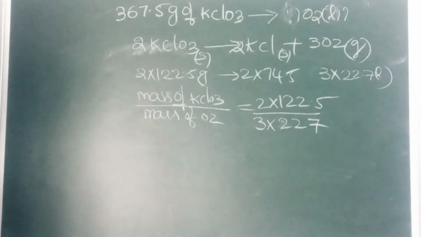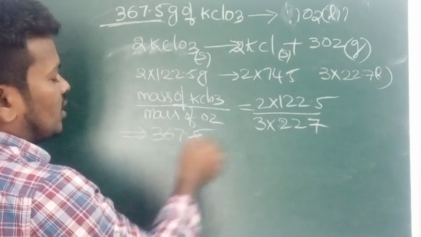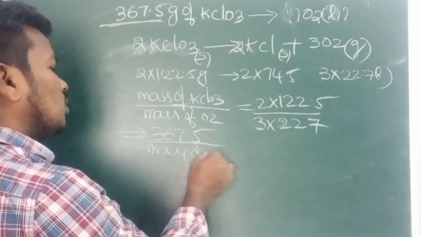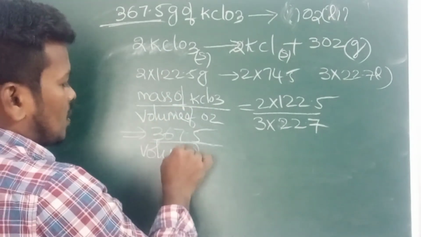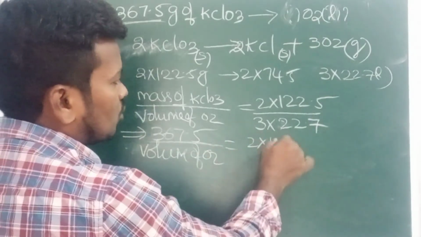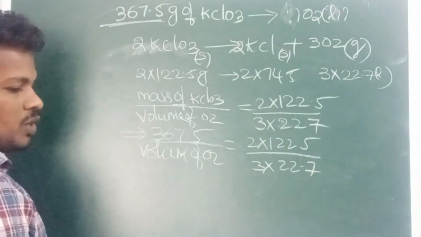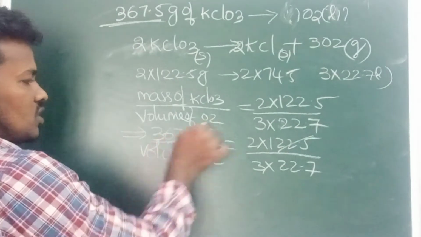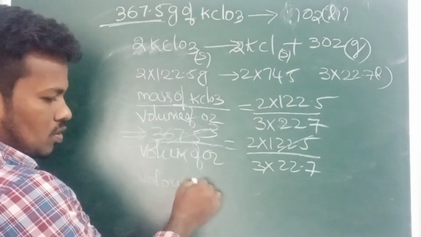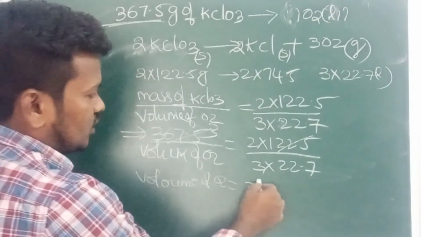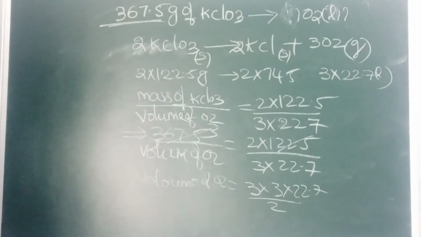The mass of KClO3 given is 367.5, upon the volume of O2. We know 122.5 times 3 is 367.5. So the volume of O2 is equal to 3 into 22.7 upon 2, times 3, which is 9 into 2.